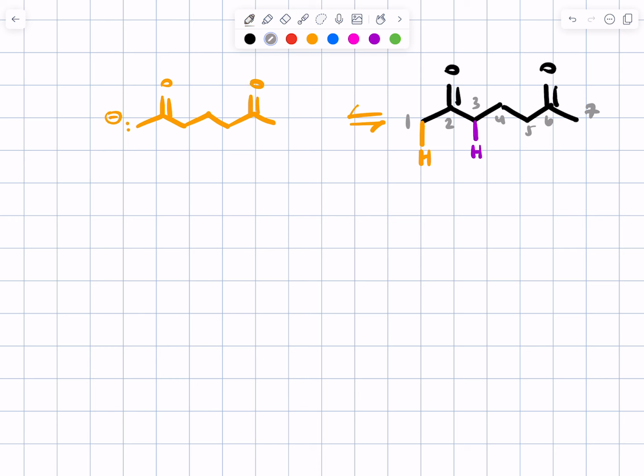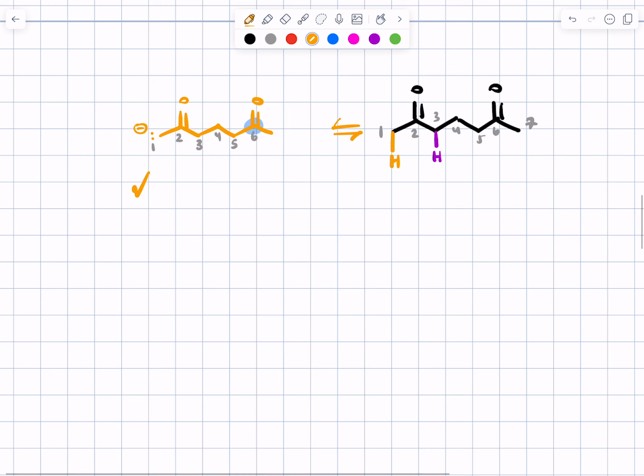And you can see that if this orange alpha carbon attacks our carbonyl carbon on carbon 6, that's what gives us the 6-membered ring product that I showed you before.